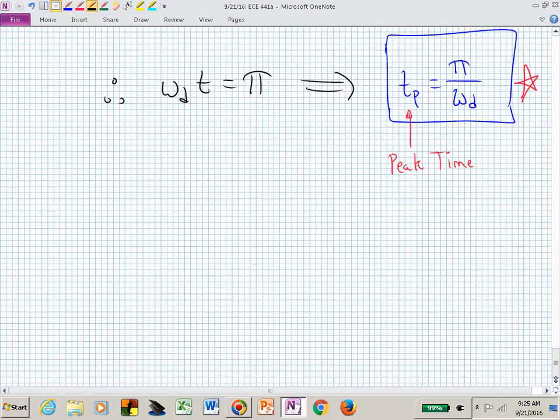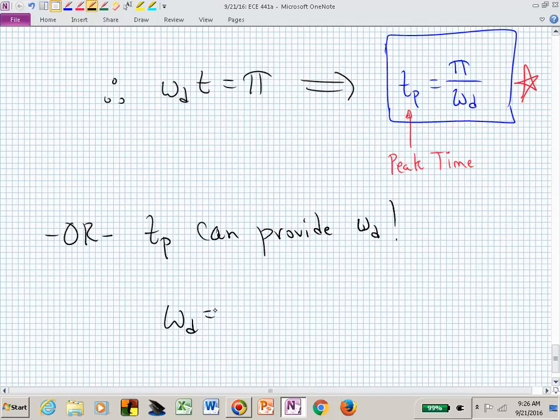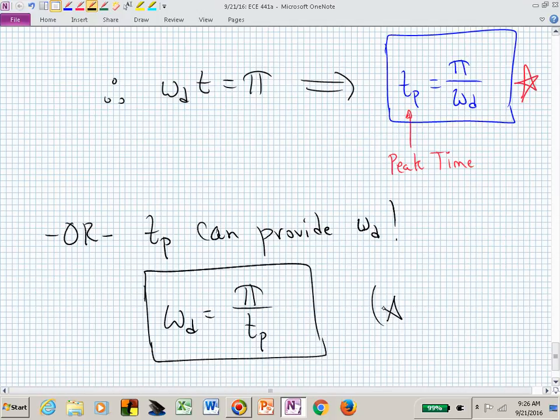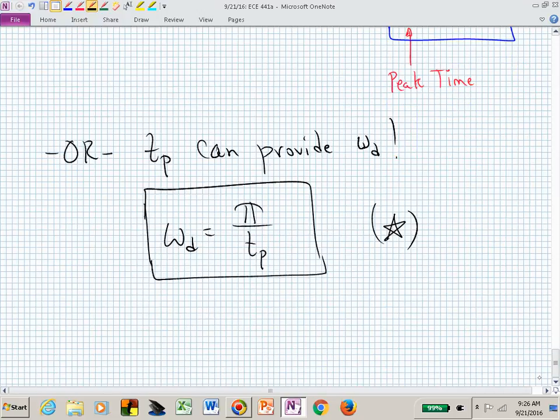Meaning you can now use that same relationship to say that the time to peak can provide what was one of the parameters we were trying to identify, this damped frequency of oscillation, omega sub d. Or omega sub d is now pi over time to peak. And another reason for liking pi. Pi now gives us our damped frequency of oscillation.